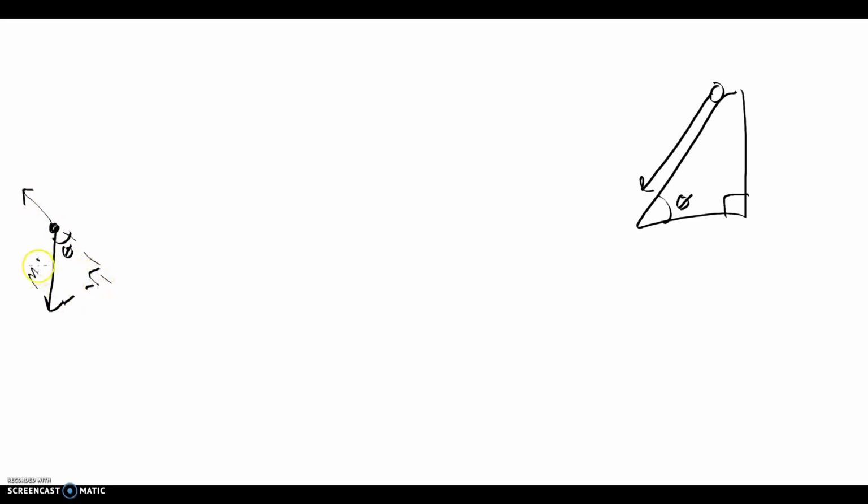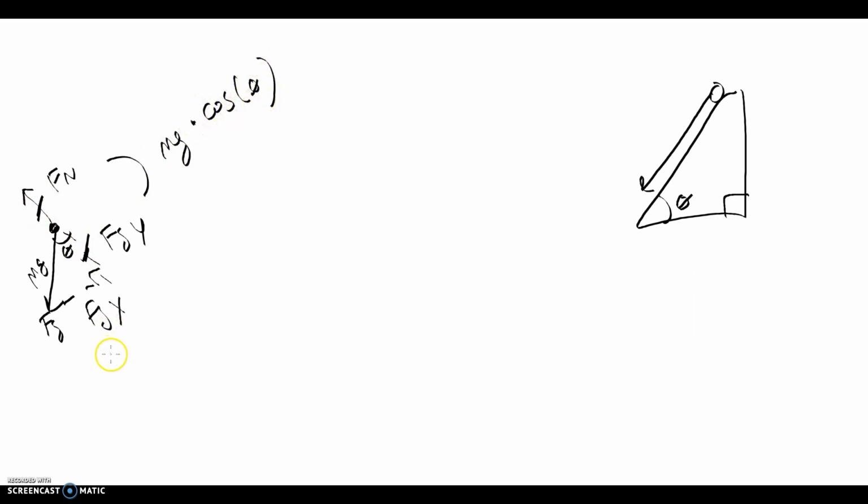This is equal to mg, that's your Fg, that's your Fn, FGY, FGX. These two are equal, and these both equal mg times the cosine of theta, and FGX is equal to mg times sine of theta. Sorry about that.